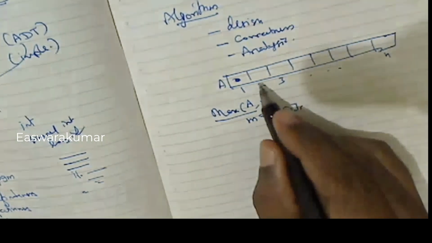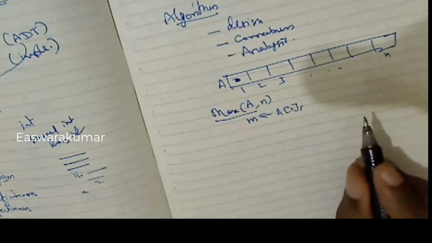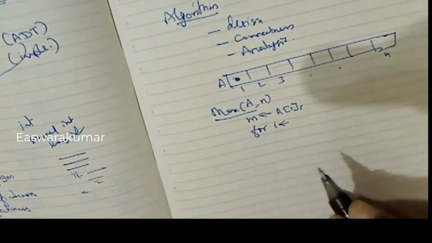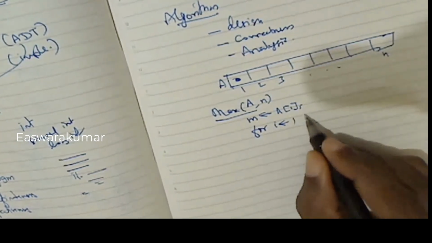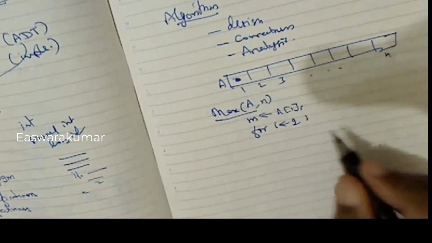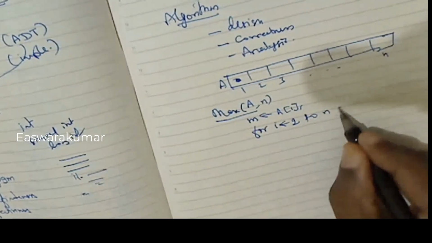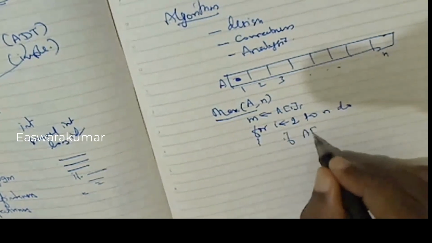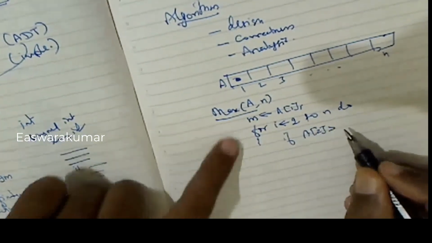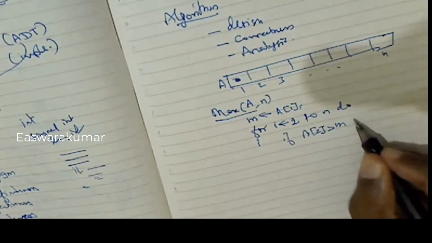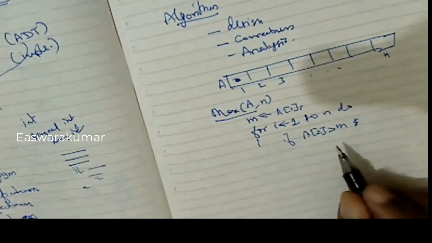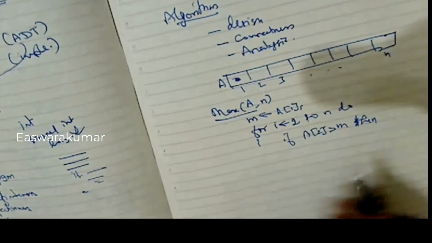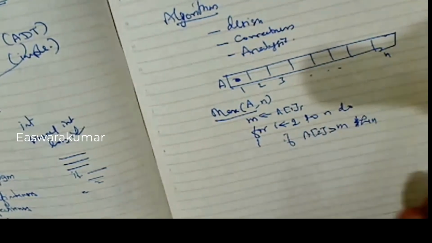So what should I do? I have to consider the remaining n-1 values. So I have to put a for loop for i equal to 2 to n. 1 is already considered, right? Therein, if A of 2 is greater than the current m, then, so this is algorithmic code, not C programming or anything, right?